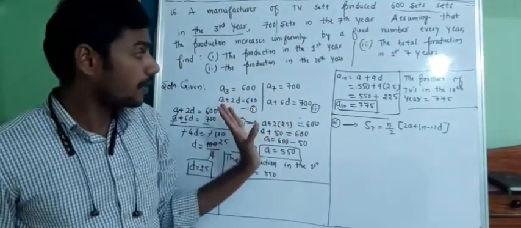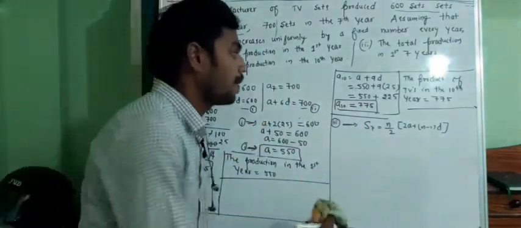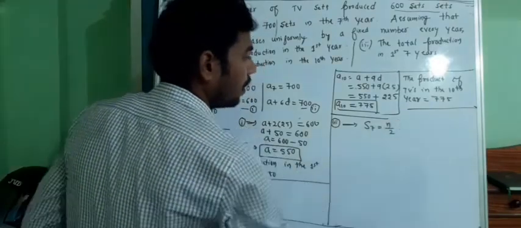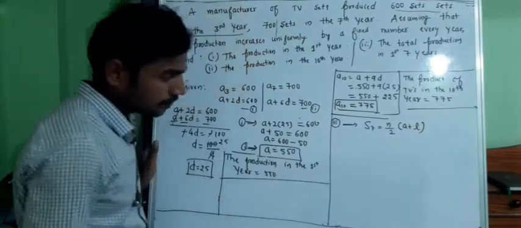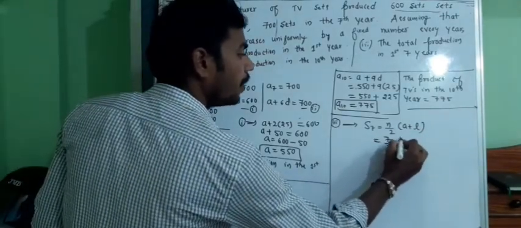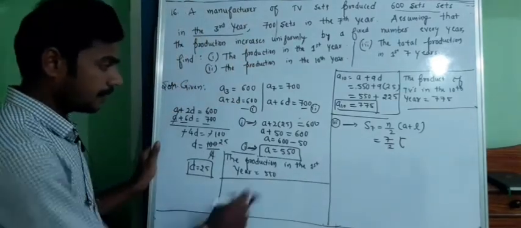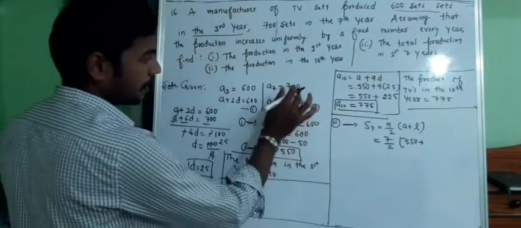Seventh year is equal to 700. Okay, I know the first term and I know the last term. I can use the A plus L formula. Fine. A plus L. So n is 7 years divided by 2. What is A here? A is 550. What is L here? 700.